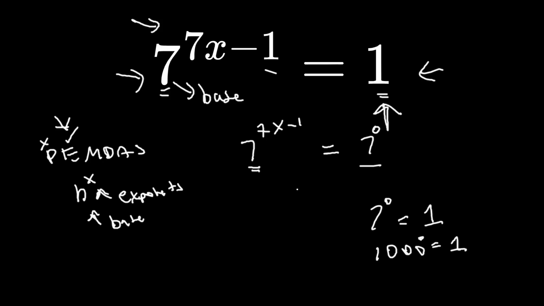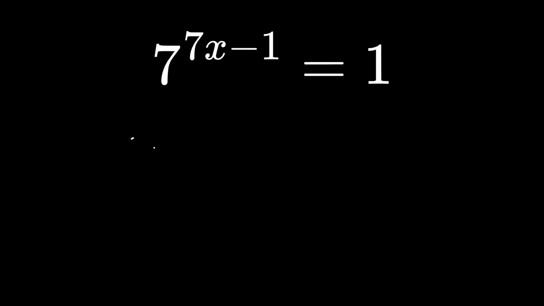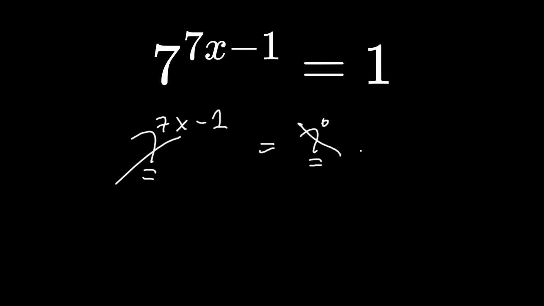Now we understand what was happening to the 7. Once the bases of each side are the same, it's time to exclude them, because that's the goal.